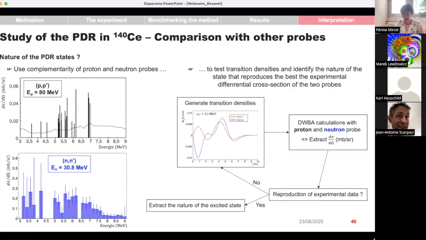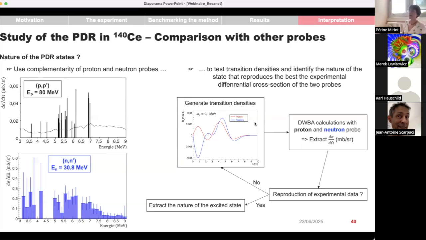As I said at the beginning, the microscopic description of the PDR state can be made in terms of the transition density of the protons and of the neutrons with respect to the ground state density. So here I show a transition density for the first 1- state predicted within the QRPA framework, with the relative contribution of protons and neutrons.